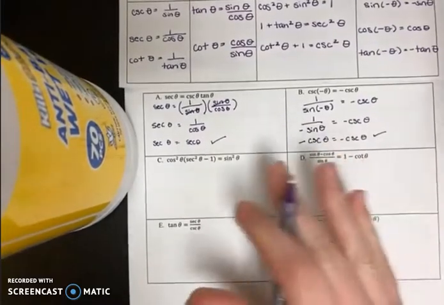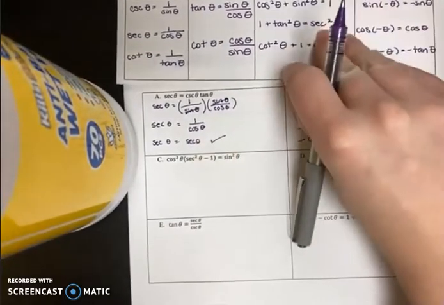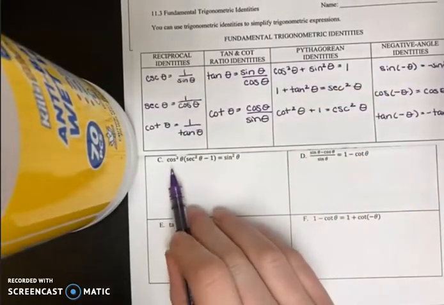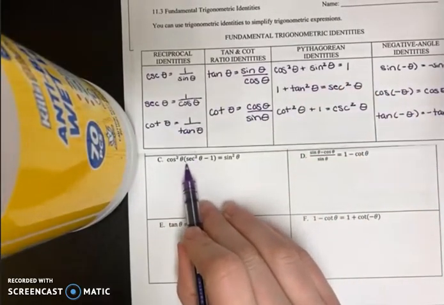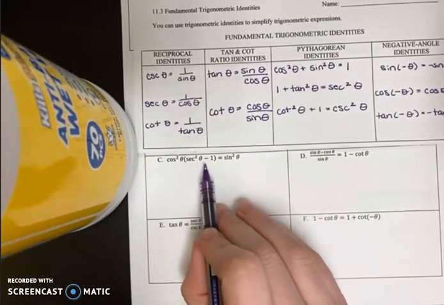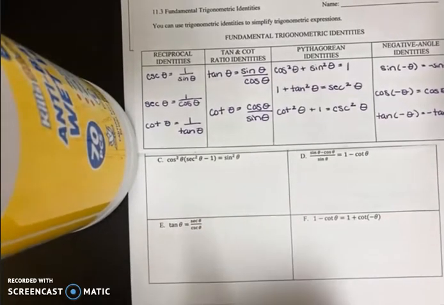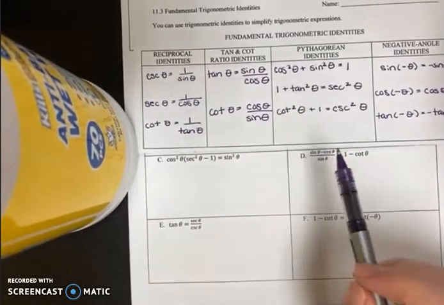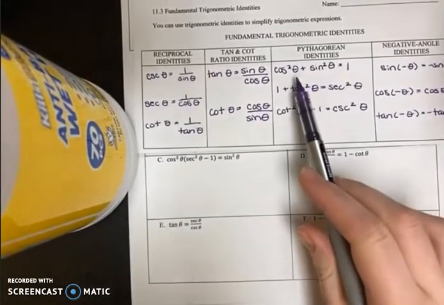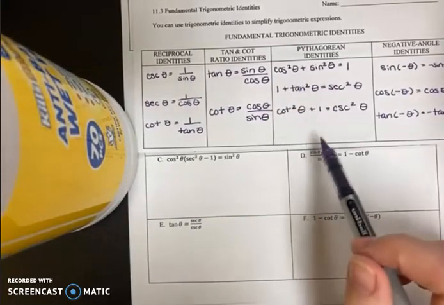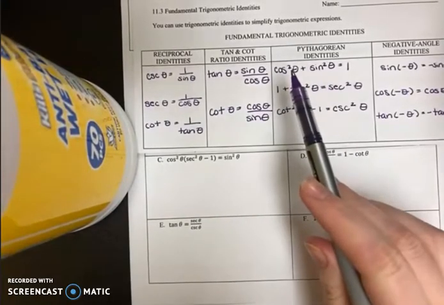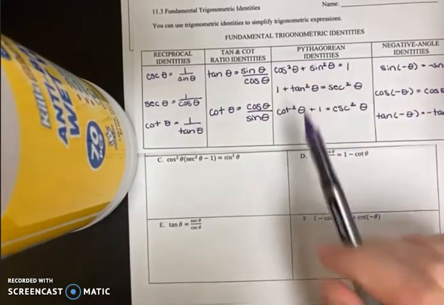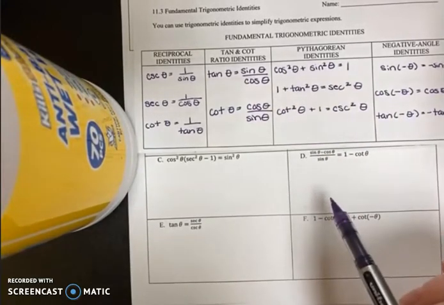Let's try part C. For part C, and I'm going to scooch down this identity page, we have cosine squared of theta times secant squared theta minus 1 equals sine squared theta. So whenever I see squares, I should automatically think of the Pythagorean identities. And the fun thing about these identities is we can subtract or add stuff over in order to make it fit the expression.